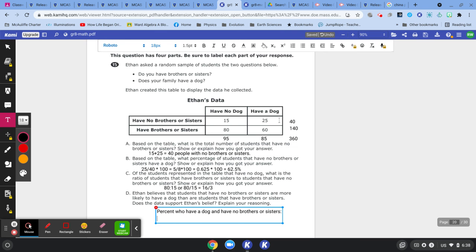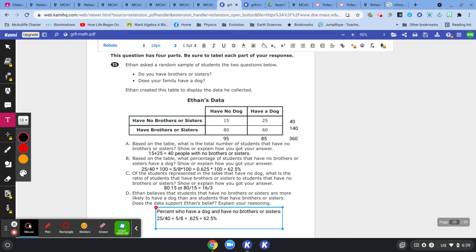So that's 25 out of 40. And a good way to deal with this is to turn it into a simpler fraction and then figure out what the decimal is. 25 over 40, we can reduce that to 5 over 8. Okay, and that becomes 0.625, which becomes 62.5%. Okay, so that's the percent of that group.